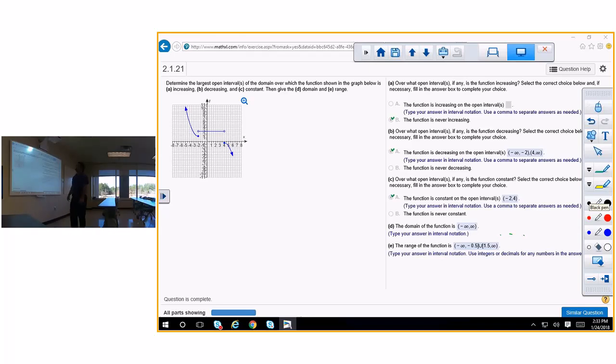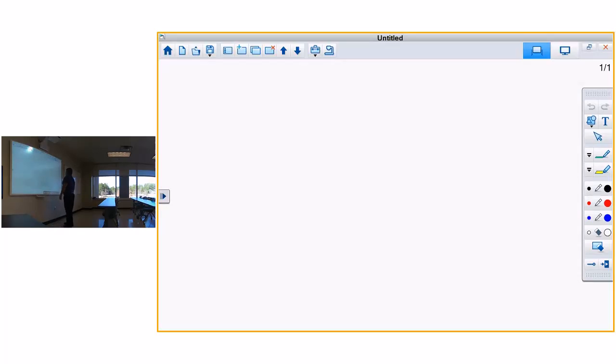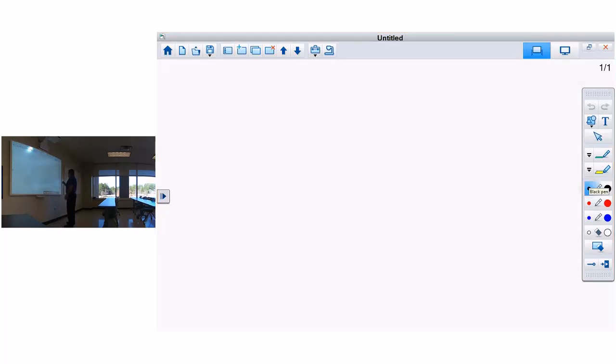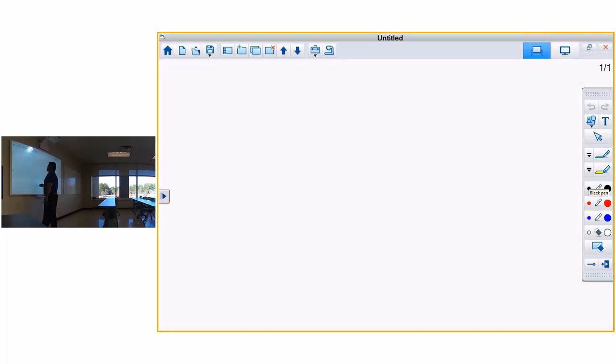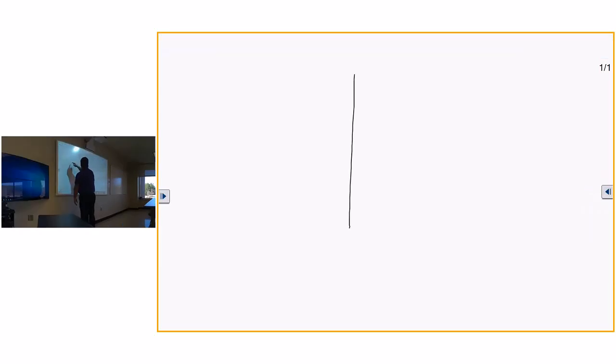Okay, determine the largest open intervals of the domain over which the function shown in the graph is increasing, decreasing, and constant. Well, I'm going to go to the whiteboard here because I go through and teach this. Let's say you've got a big graph up here, and let's say that the graph looks like this.